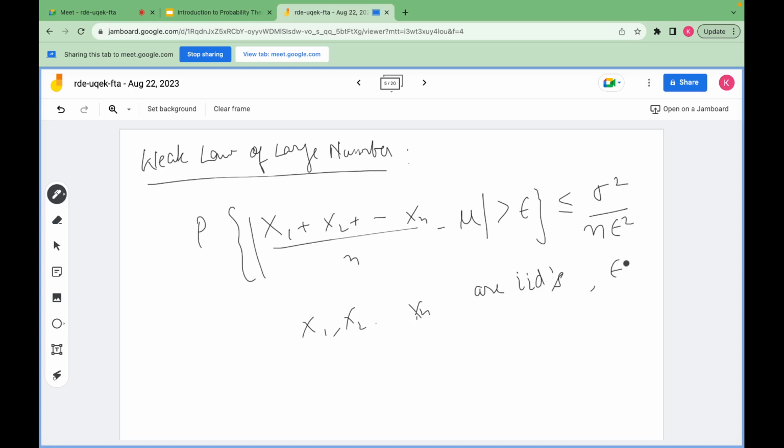Okay, and epsilon is greater than 0, and all these Xi's have mu as mean and sigma square as variance. Then this holds.